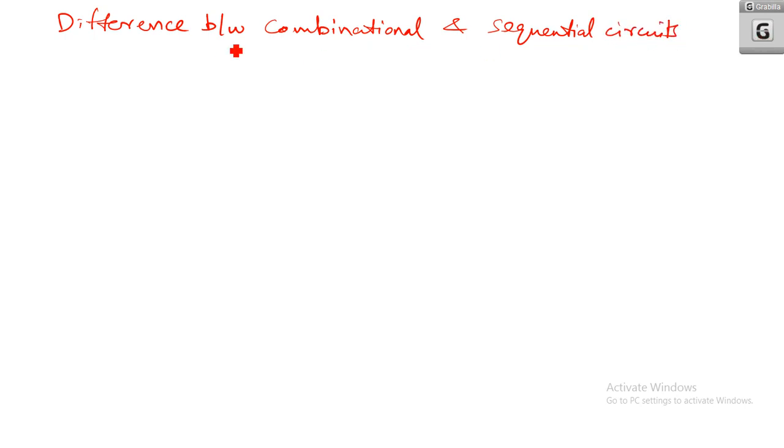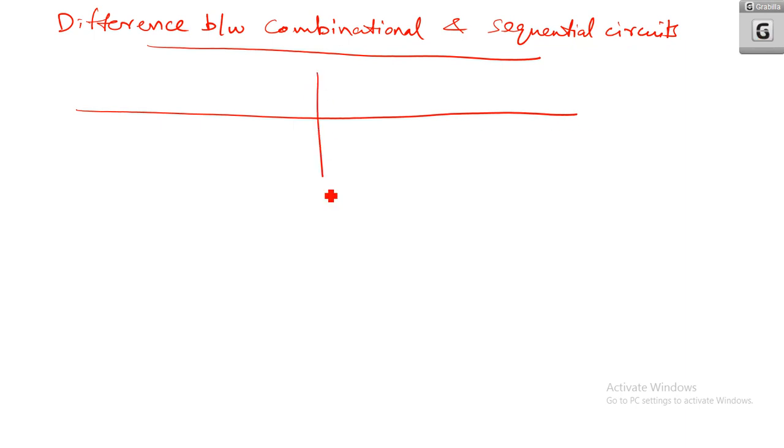Basically there are four differences between combinational and sequential circuits. So here I have the combinational circuit. Here I have the sequential circuit.